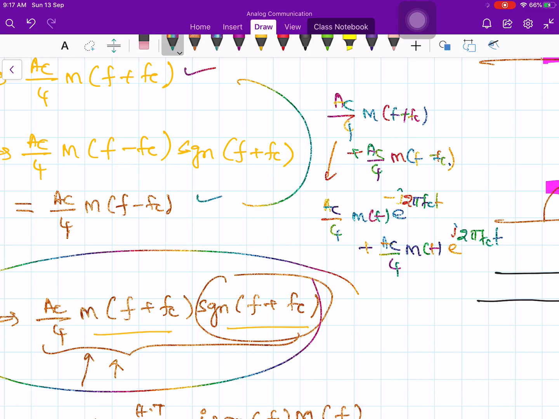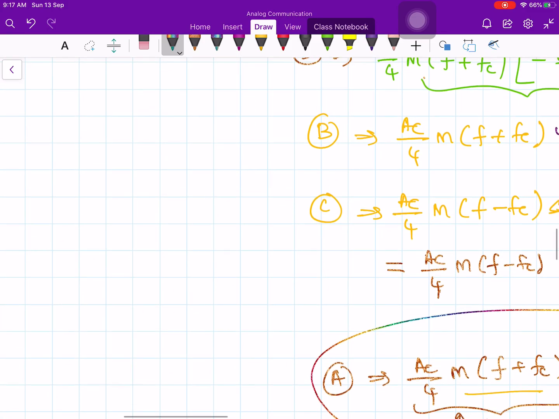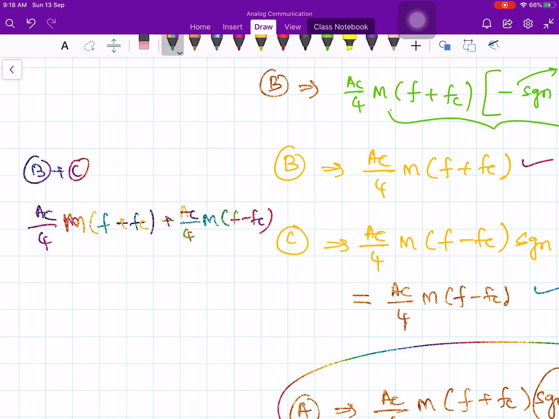Now m of t is common, A c is common, you can pull out. Maybe I will write down here B plus C: A c by 4 capital M of f plus fc plus A c by 4 capital M of f minus fc. Now A c by 4 is constant, you can pull it out.